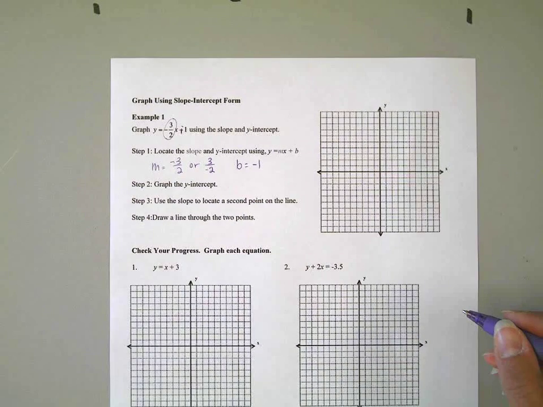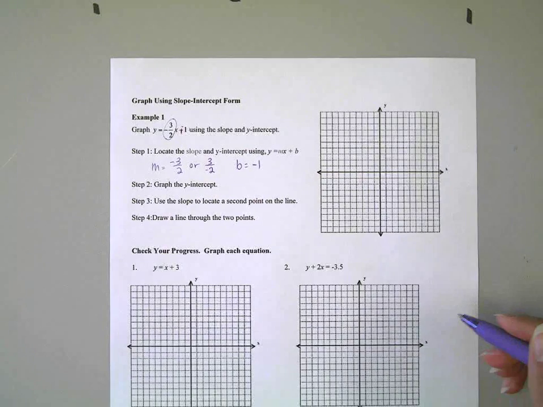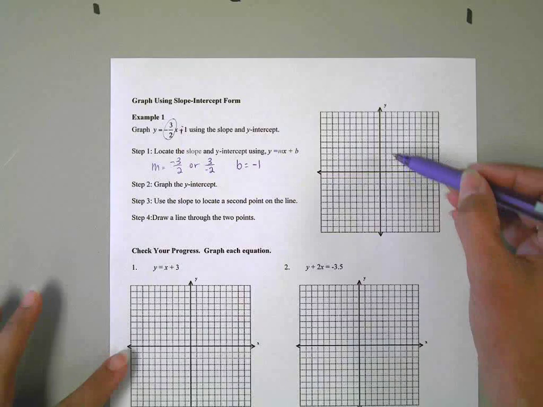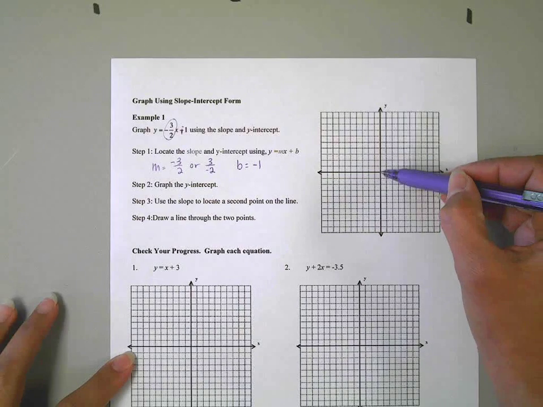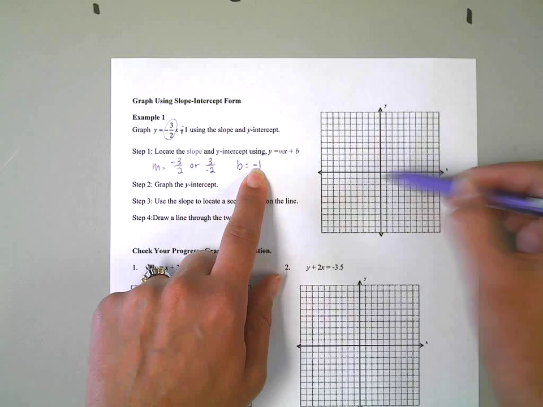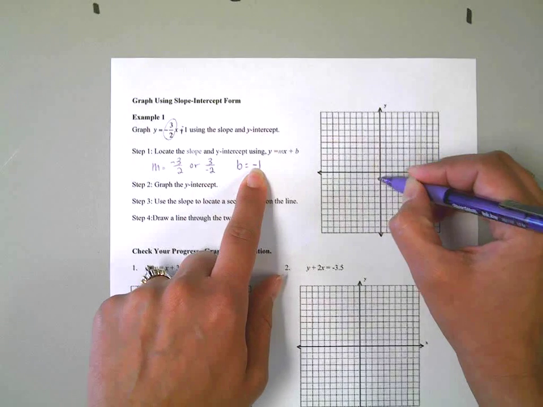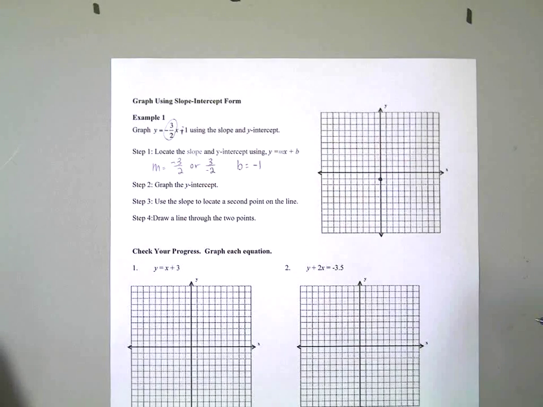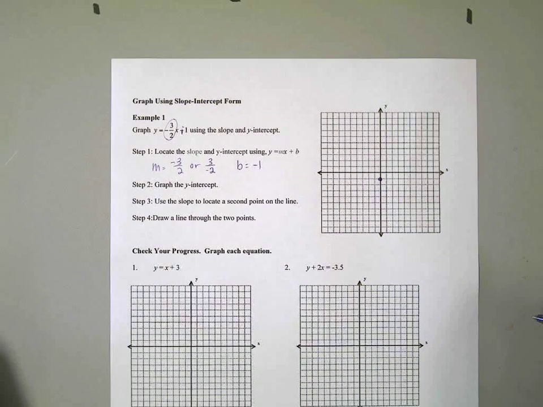Now what we're going to do is graph the y-intercept. The y-intercept is where the line crosses the y-axis. So find your y-axis, and since our y-intercept is -1, I'm going to find -1 on our y-axis. That's my first point. Now we're going to use the slope to locate the second point on the line.